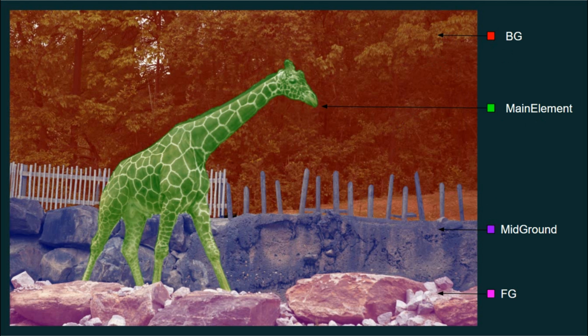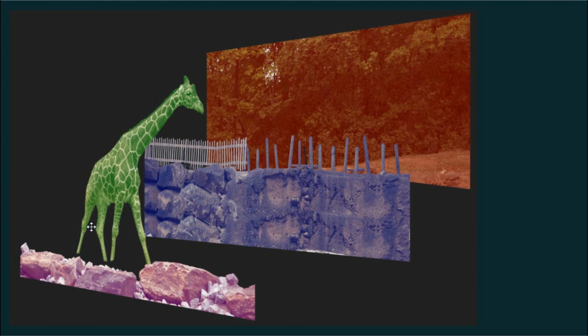I also have an example here, a picture of how it looks when we create depth. We pushed our layers into depth, along the Z-axis, to create this uneven look. They're not in the same plane anymore, so we are creating the far part, the mid part, including the giraffe, and our foreground.